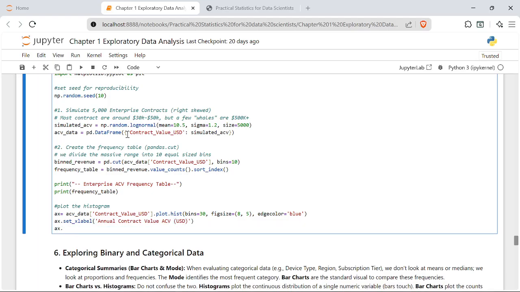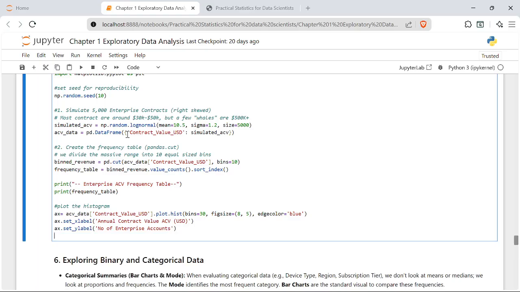ax.set ylabel as number of enterprise accounts. ax.set title as distribution of enterprise revenue.